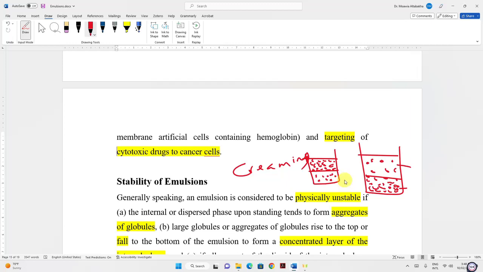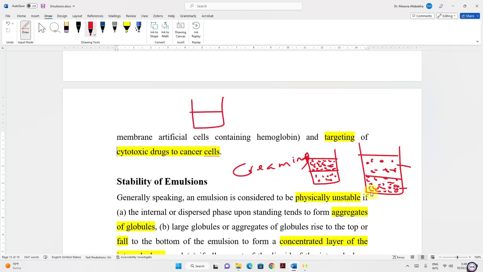But the problem happens if these globules start coming to each other and uniting, and that is called coalescence. If the internal phase globules unite with each other, it will cause coalescence. And if more globules start uniting like that, then you will have a partial or full separation.